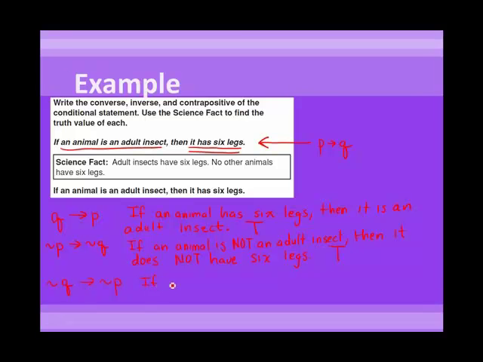So it would be, if an animal does not have 6 legs, then it is not an adult insect.